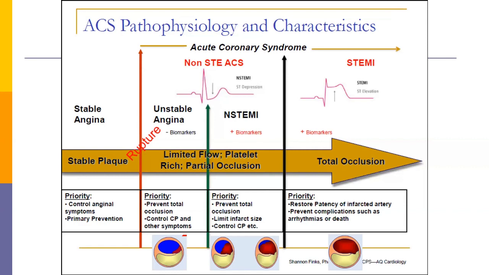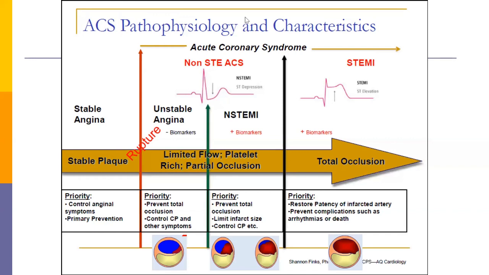So the lower wordings just show us where our priority as medics should be. On the left, we control angina symptoms, primary prevention, because it hasn't become so worrying. Then when we go to the right, unstable angina, where we see the word rupture, the atherosclerotic plaque has ruptured, and the platelets have started forming the clot.